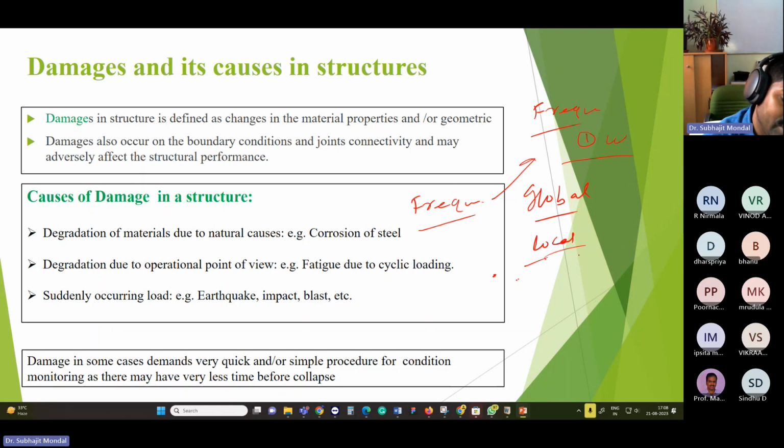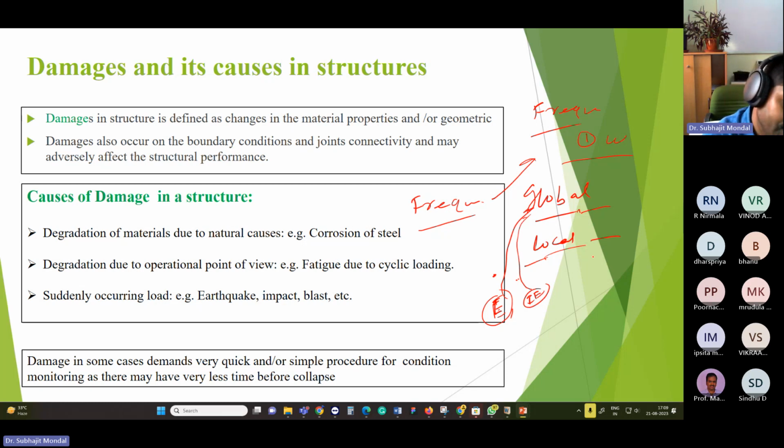Okay. Now, what is the difficulty with the global based method and the local based method? The difficulty with the global based method is that from the response we are measuring, you have to see which parameter is affecting the global response. For example, your Young's modulus, or a change in the geometry, or the EI, which is affecting your global response.